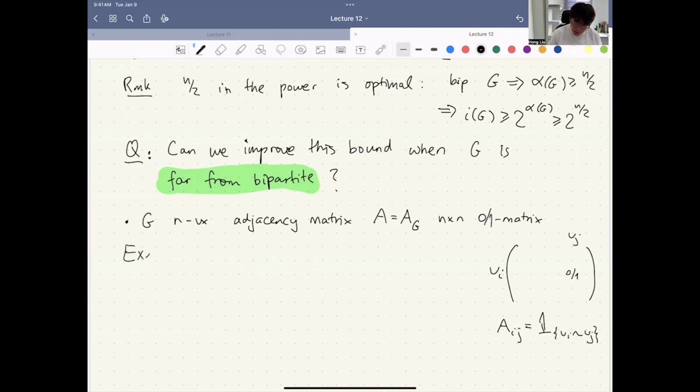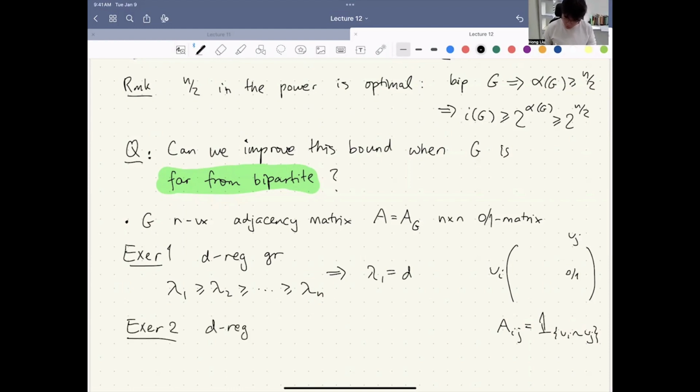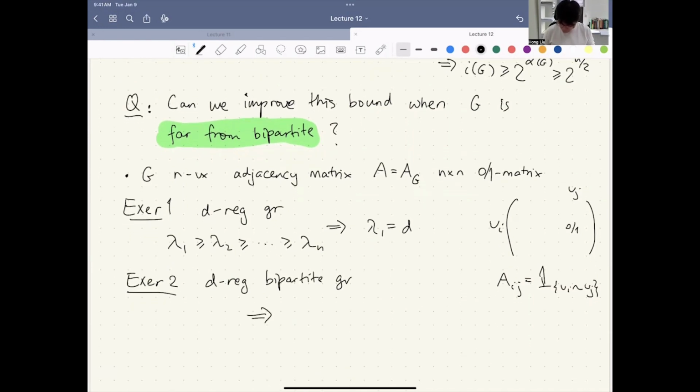Maybe I'll leave it as an exercise. Exercise 1: show that for D-regular graphs, if we list the eigenvalues of G in decreasing order, then lambda 1 is D. Exercise 2: for D-regular bipartite graphs, we have lambda 1 is D, and the smallest eigenvalue is negative D.